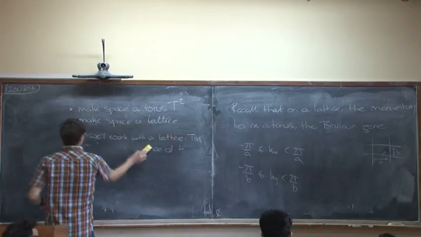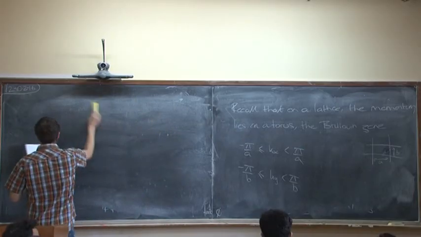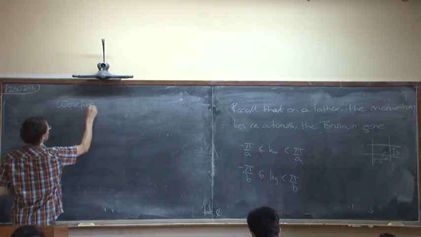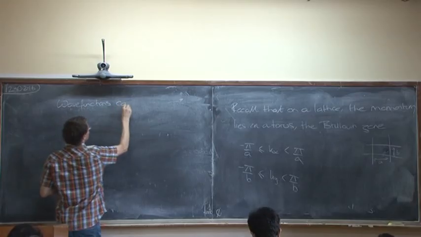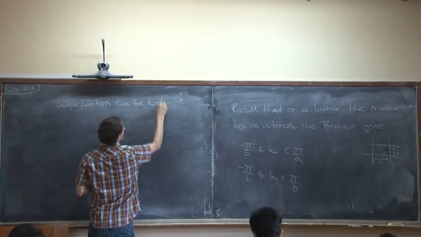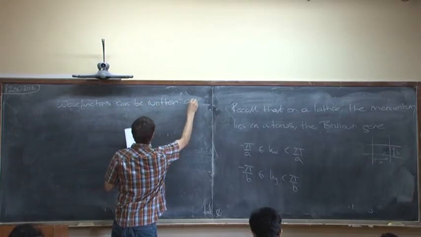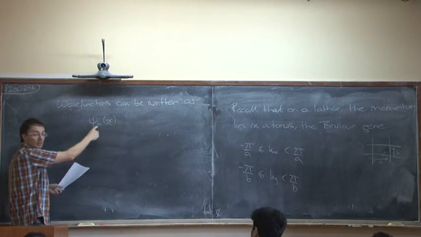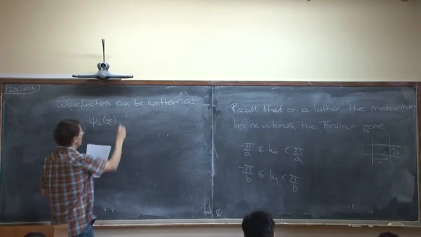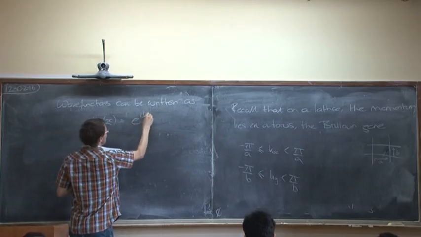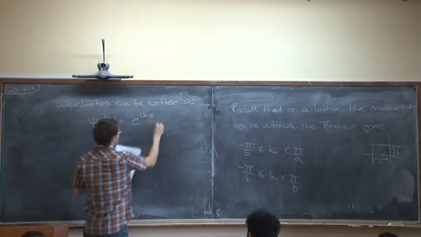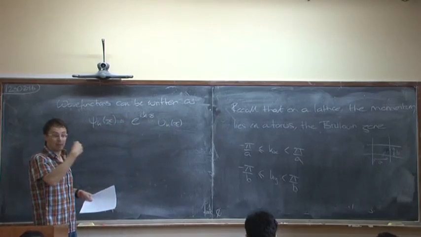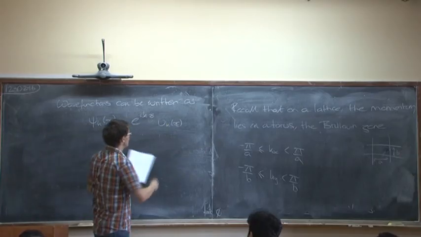So let me remind you about very basic things. Bloch's theorem states that wave functions can be written as follows: a wave function is labeled by the lattice momentum k, and Bloch's theorem says that it is equal to e to the i k x times some function that is itself a periodic function of the lattice.